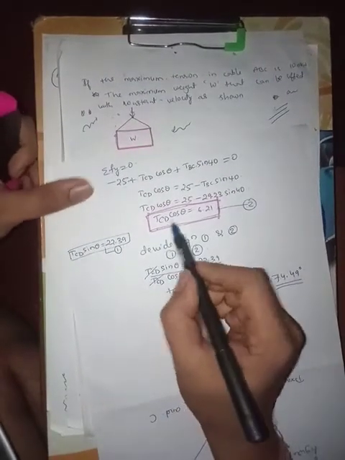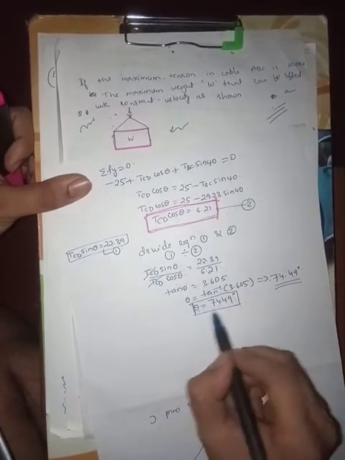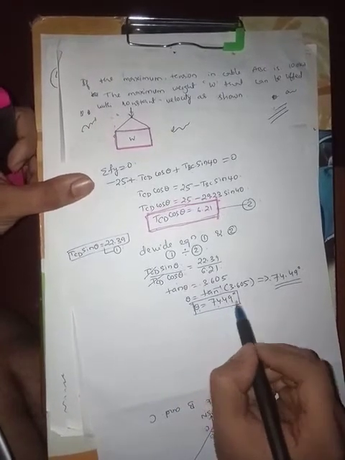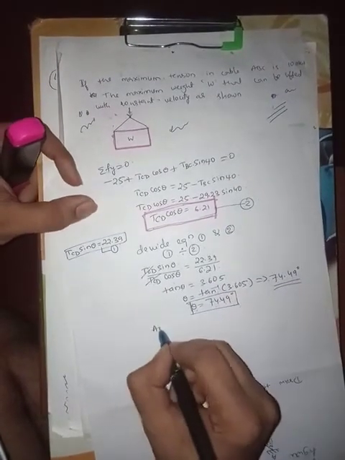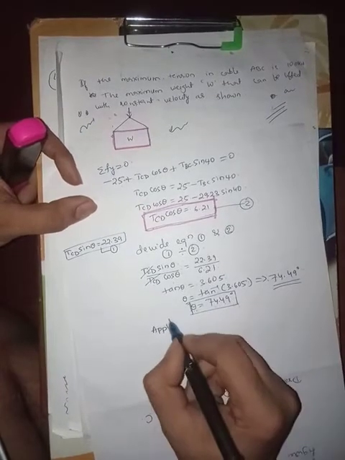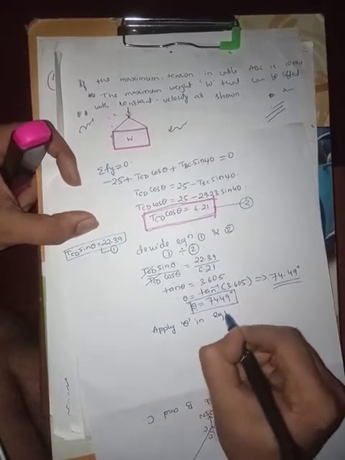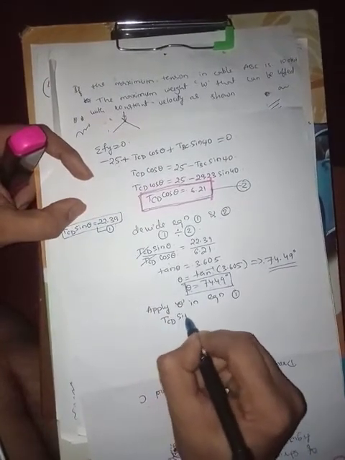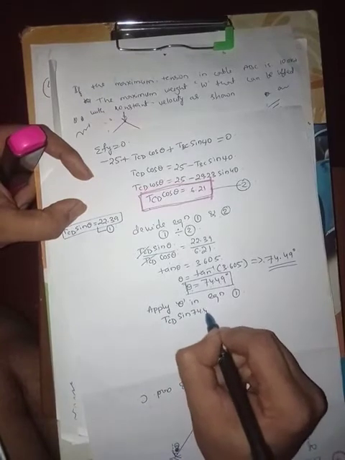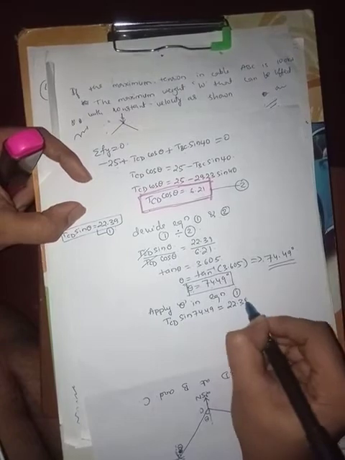To find the reaction TCD, you can apply theta equal to 74.49 degree in either equation 1 or equation 2. I apply theta in equation 1. So TCD sin 74.49 equals 22.39.